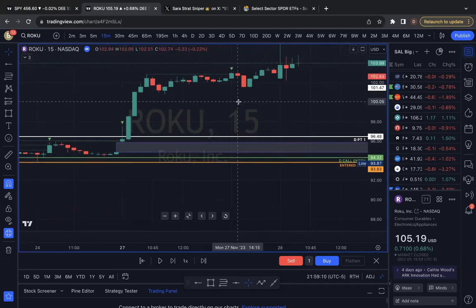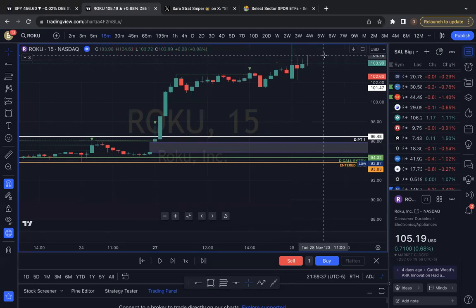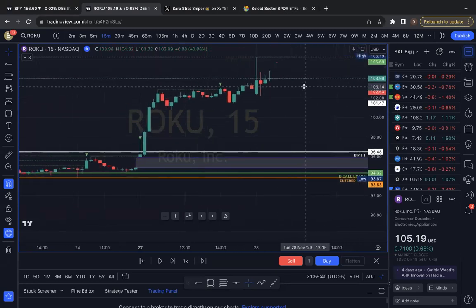Usually gaps are formed by some type of catalyst or something major happening, but that's not always the case. Sometimes things gap up so people can buy it up and then sell it off. It creates liquidity. And that's pretty much what liquidity is: something going to a certain point to go the opposite way, in simpler terms. They're targets where smart money reverses from those points.